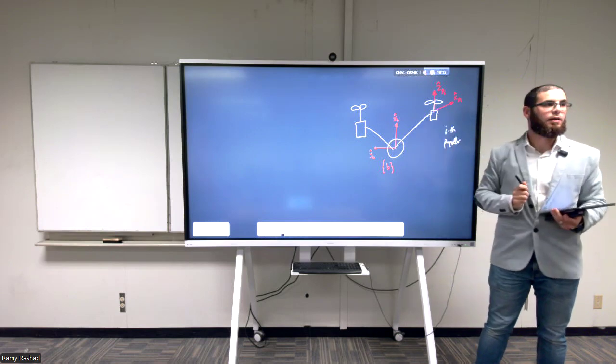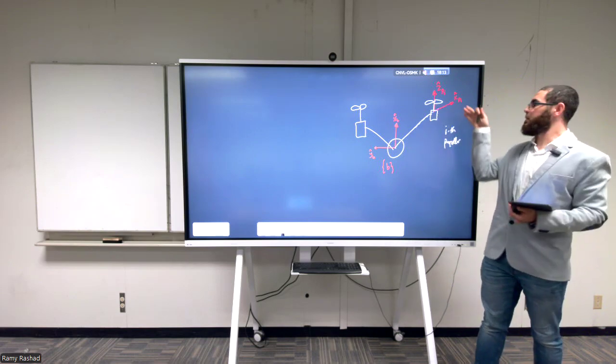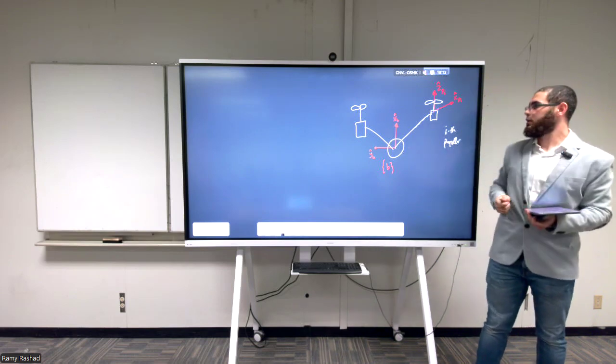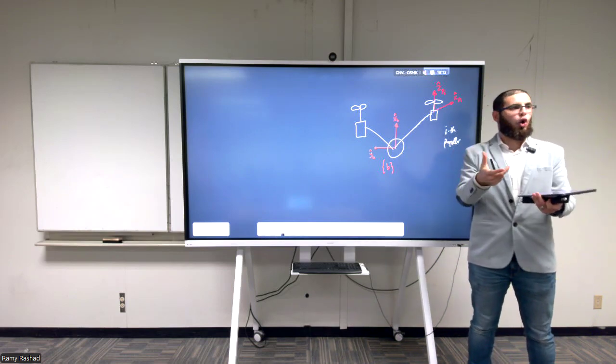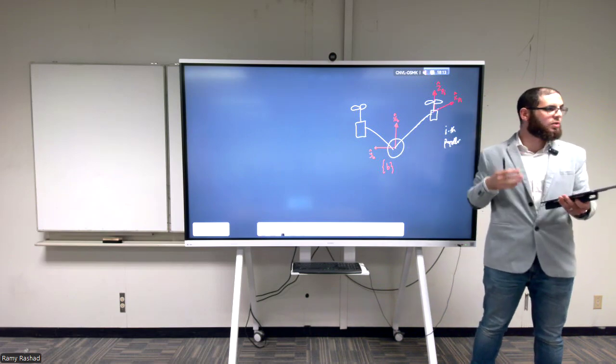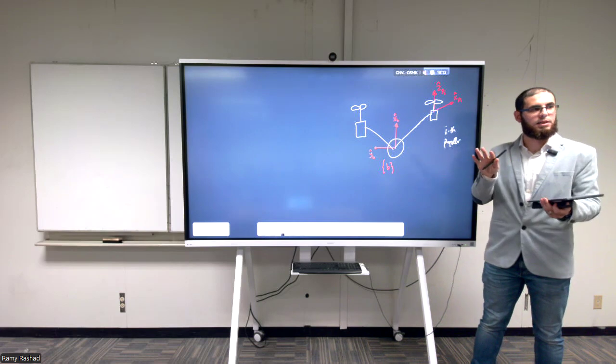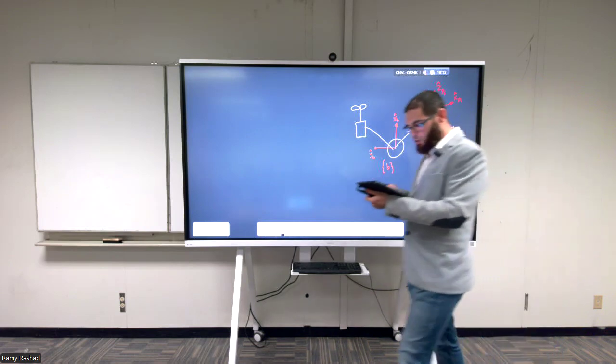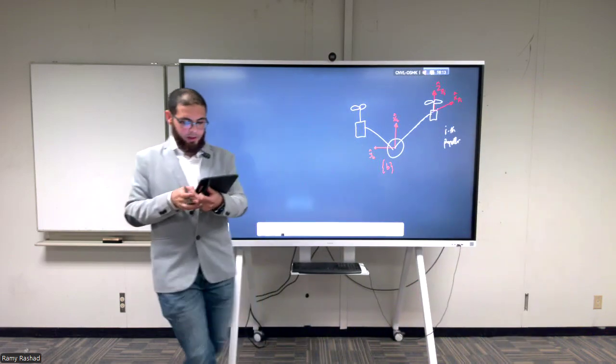This is the X_PI frame, and then the Y_PI frame will be perpendicular to this plane. And because we're using orthonormal frames, I don't need to write 3 frames. Just 2 is enough, and the third one you can always deduce mentally. Easy? Okay. So this is the choice of the frames that we have.